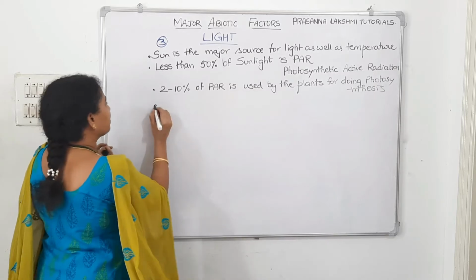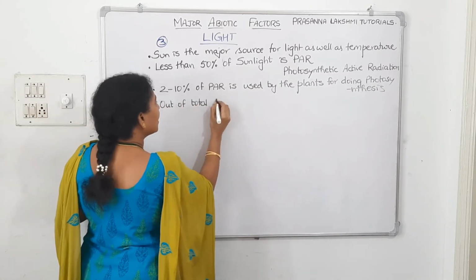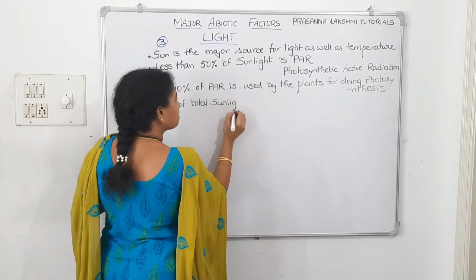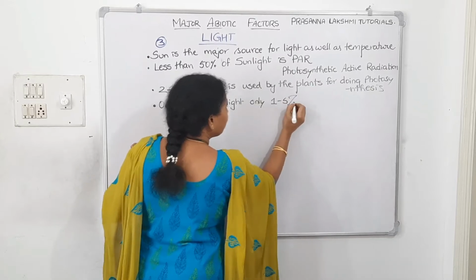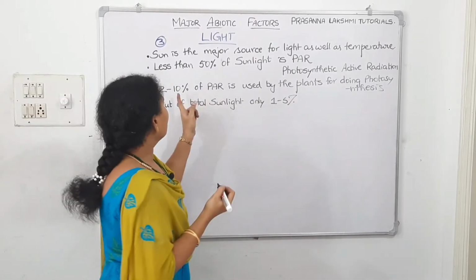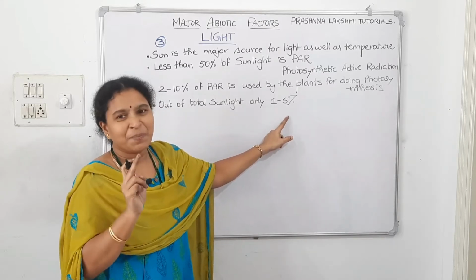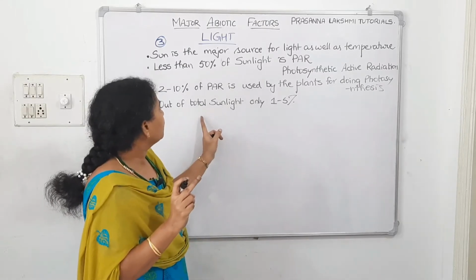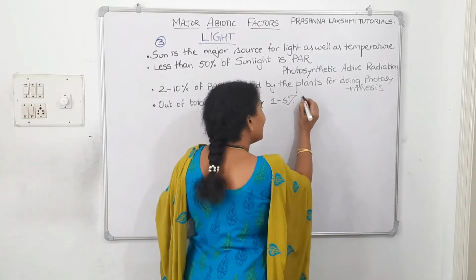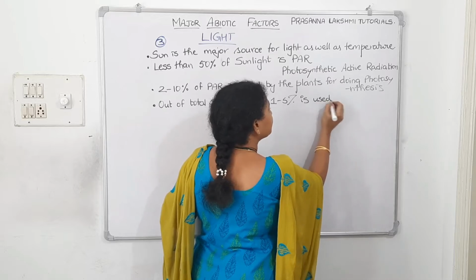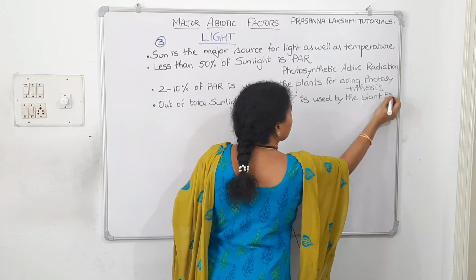That means out of the total sunlight, only 1 to 5% is used by the plant to do photosynthesis, because if 50% gives 2 to 10, then 100% will be 1 to 5 only.